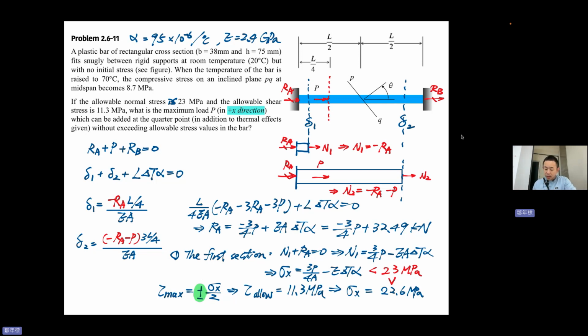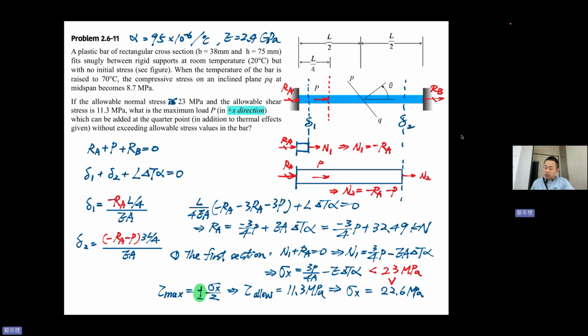Yesterday, we talked about problem 2.611, and it has A, B, C items for each small problem. This is C. A and B were related to the PQ incline section, but it was relatively easy, so I didn't mention A and B here.